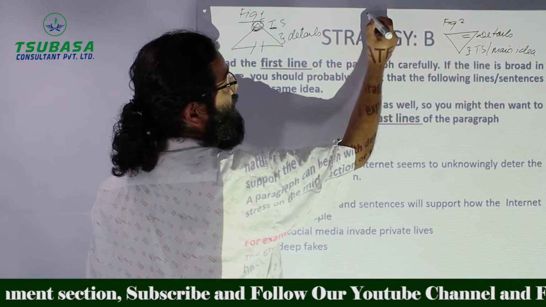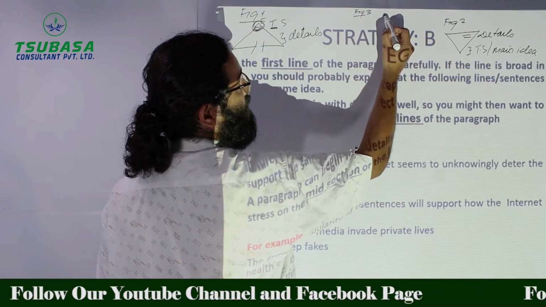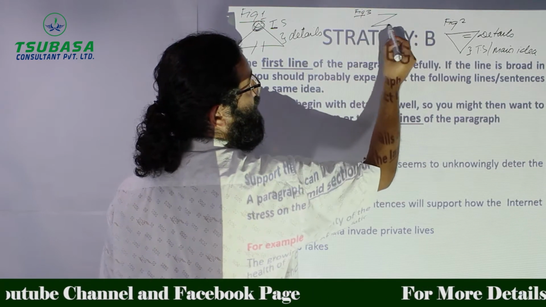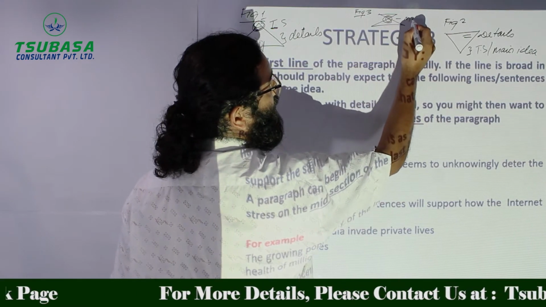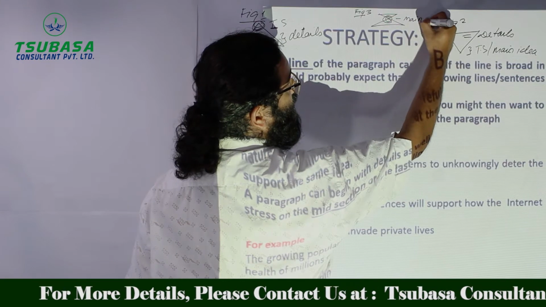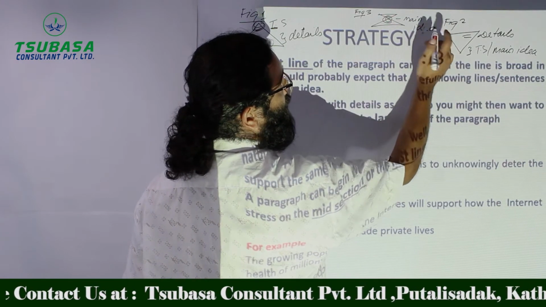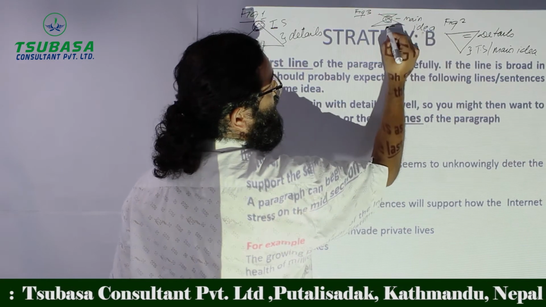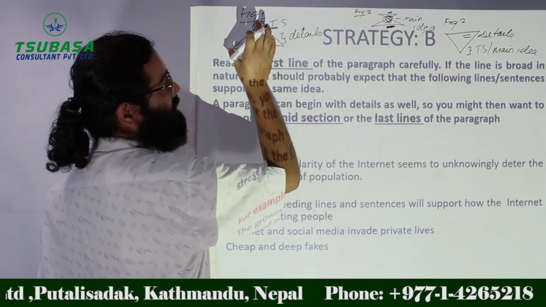So he might use this kind of figure, figure 3. So this is the main idea. These are details and these are details. So the gravity is here. So you have to be able to understand.